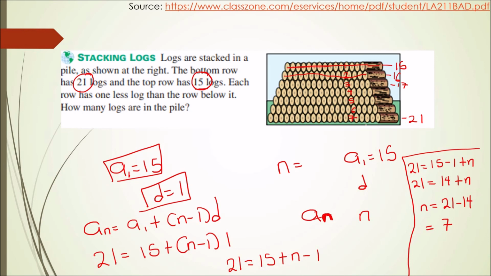So the value, what we're looking for, the n, is 7. So if they say how many logs are there, you're actually looking for the number of terms. You're not looking for A1, you're not looking for D, you're looking for the number of terms.